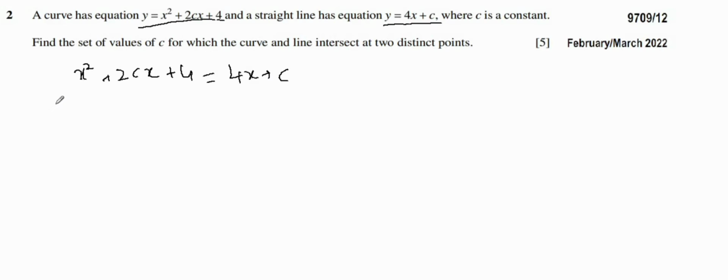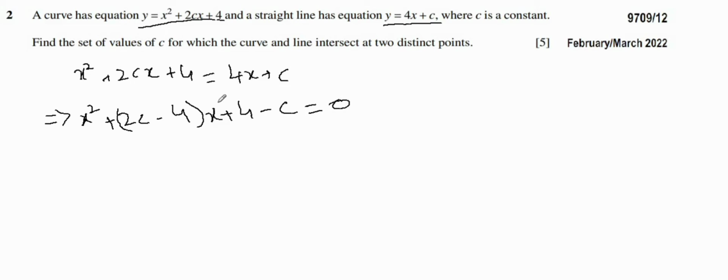Okay, now when we solve this it will become a quadratic equation. x squared plus, or what we can do over here, just put a bracket 2c minus 4 and take x common over here, plus 4 minus c is equal to 0.